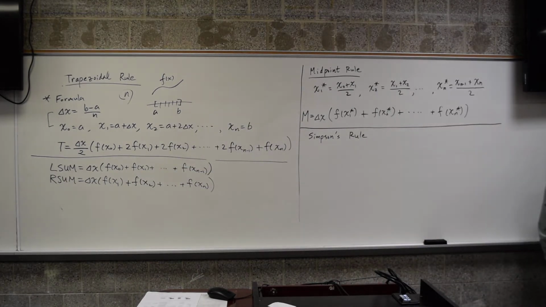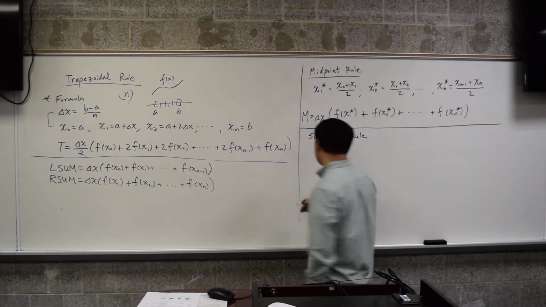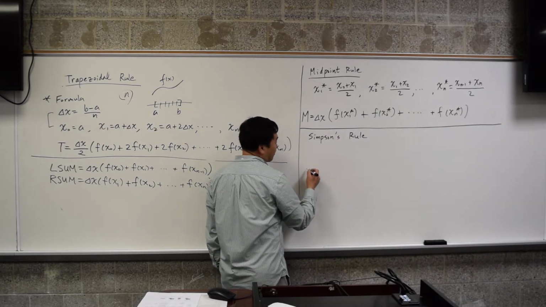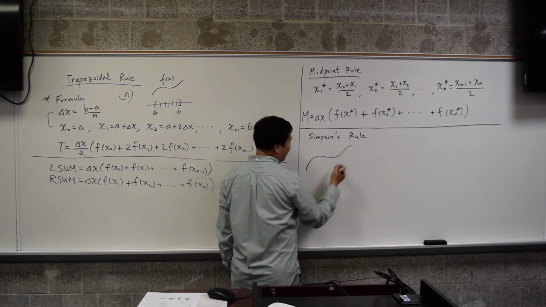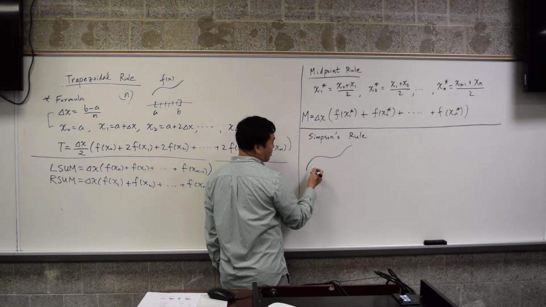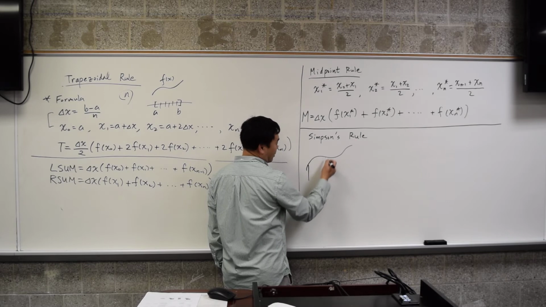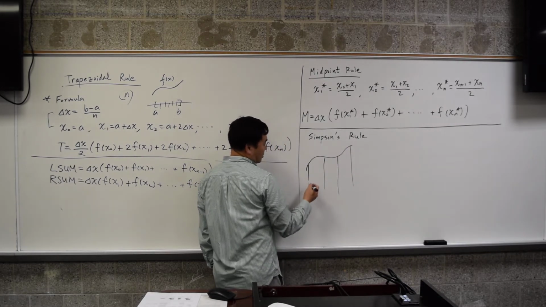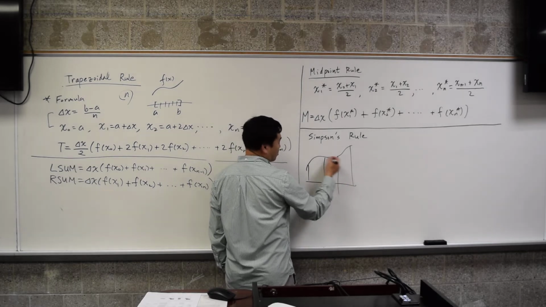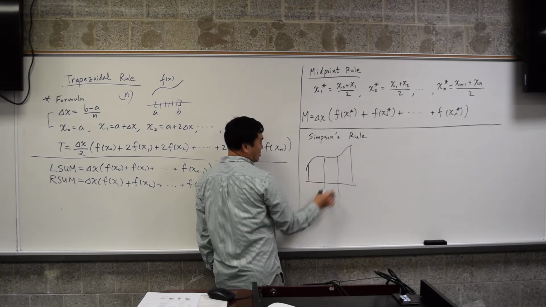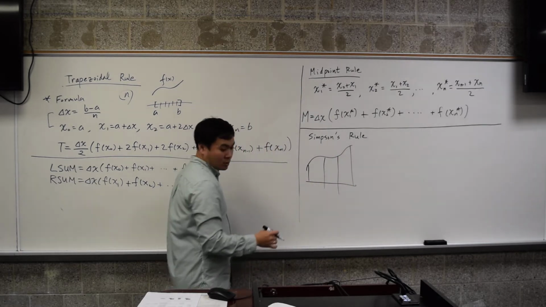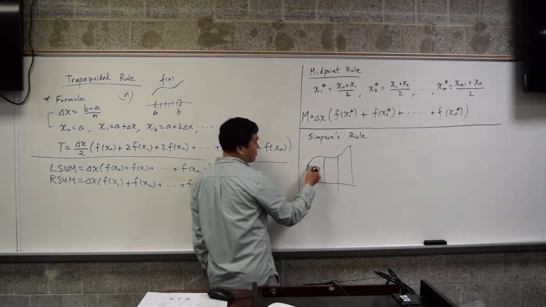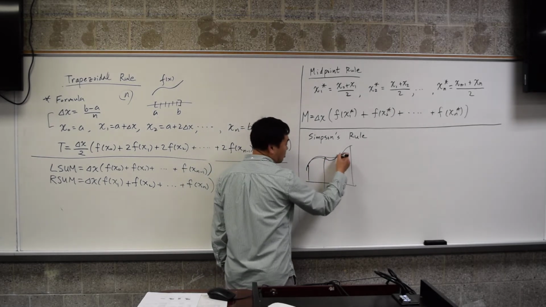What it does is, if you have a graph like this, and you decide to approximate it using 3 subintervals, it builds parabolas.